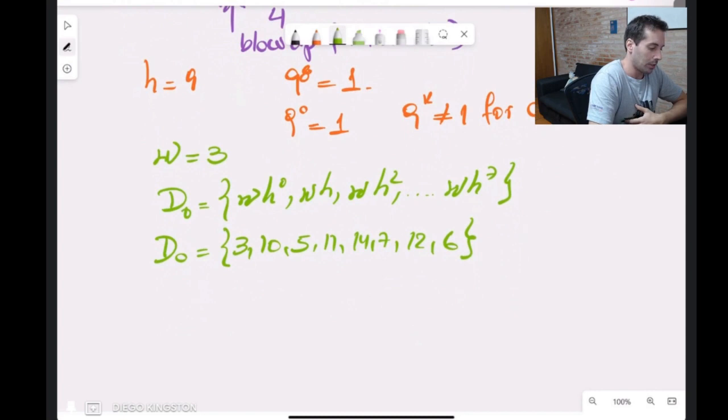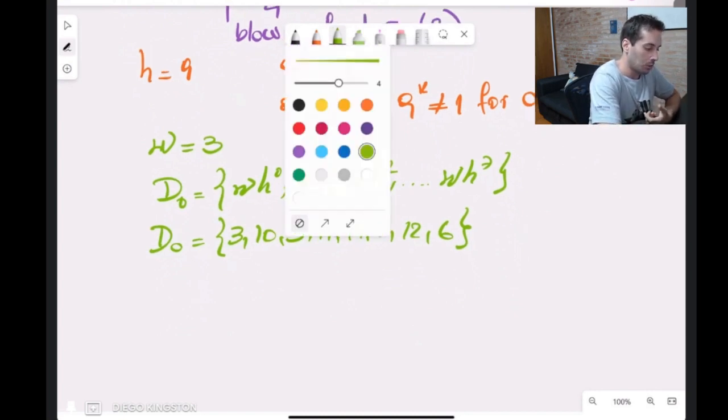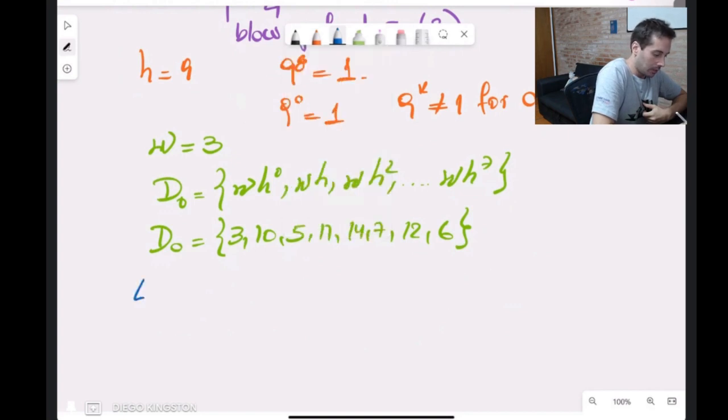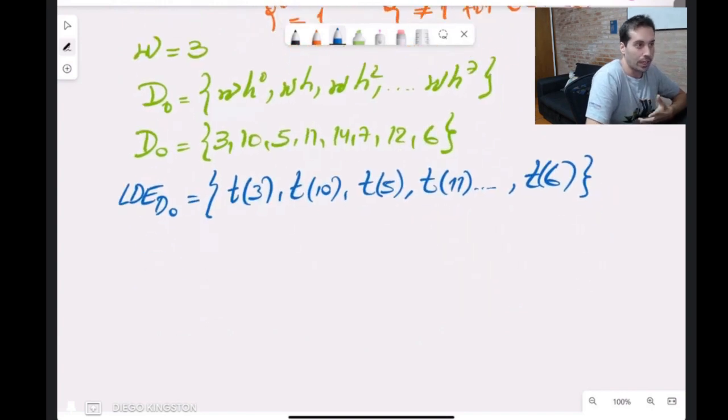Now, what the prover has to do in order to show that he's doing the right thing is to commit to that polynomial. The way we do it is the following. First, we generate the LDE for D0, and so we will have T of 3, T of 10, T of 5, T of 11, until T of 6. What we are going to do with these values is form what we call a Merkle tree.